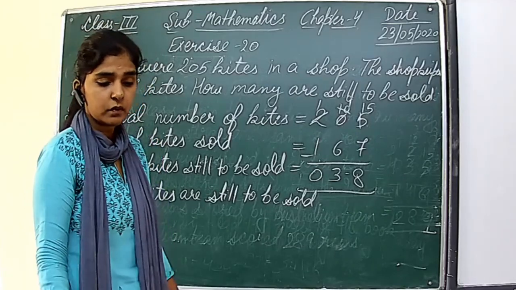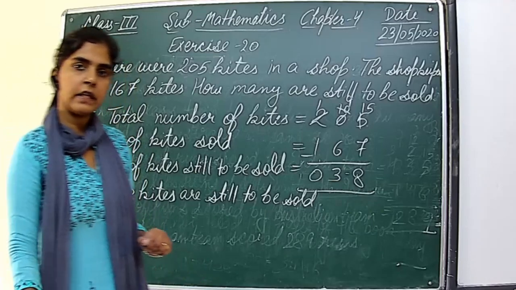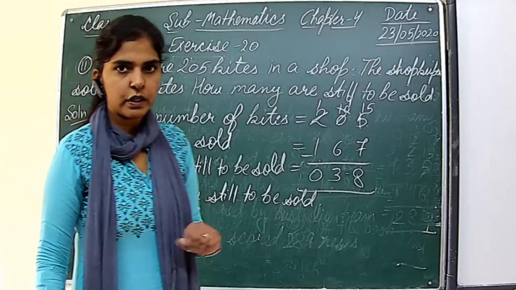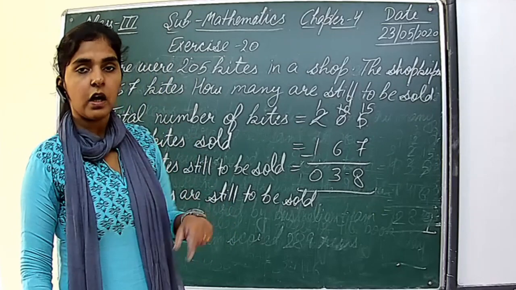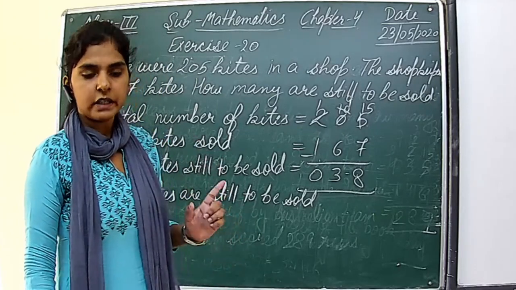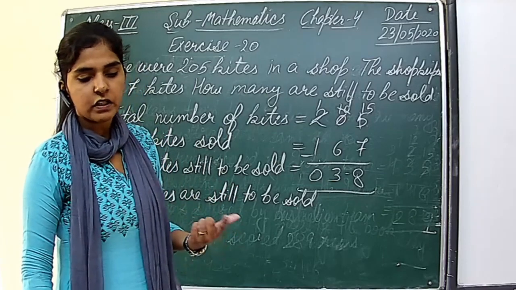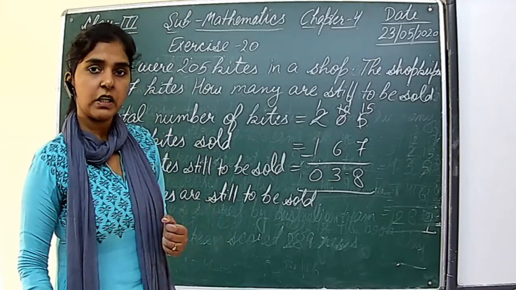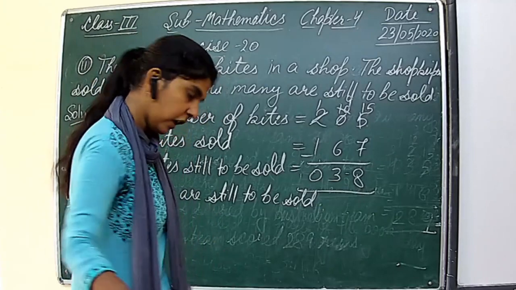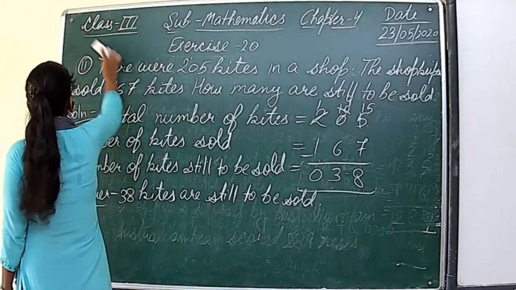Okay? So how many total books are there in the library? 425. And how many books are lent out? 268. Okay? So how many books are left in the library? We need to subtract the numbers, right? So let's start question number 12.